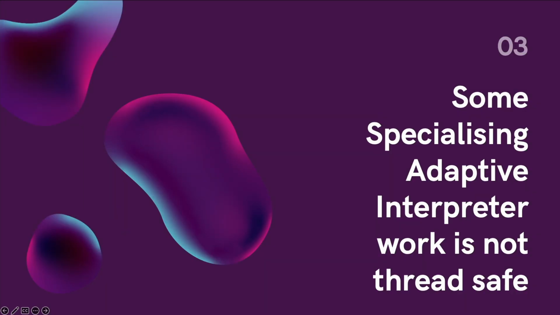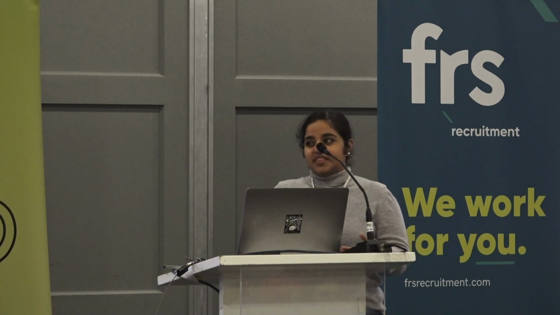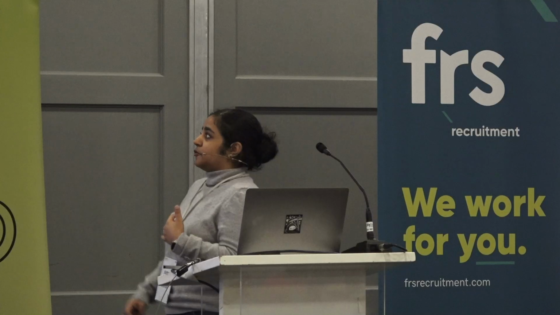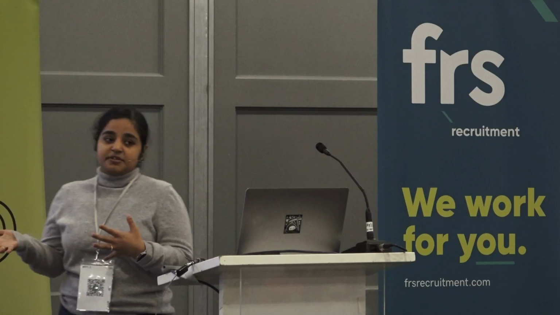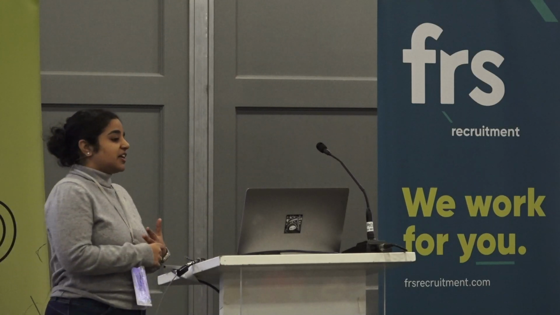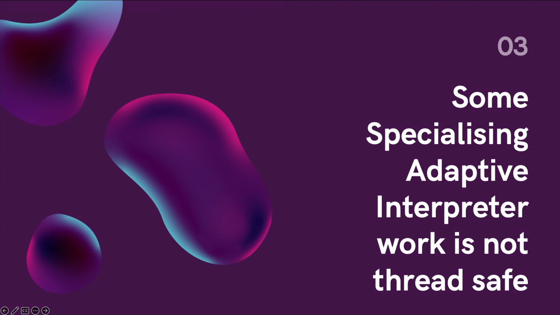And finally, most worryingly, a lot of work done by Guido in the faster CPython project may not be compatible with nogil. For example, the specializing adaptive interpreter, which came with Python 3.11, a lot of the work is not compatible with nogil and needs significant rework if it is going to be compatible.